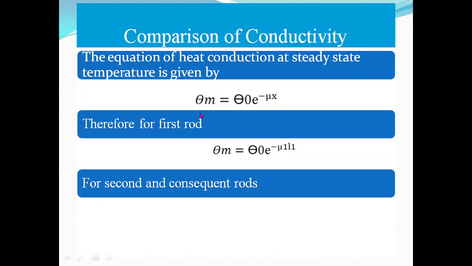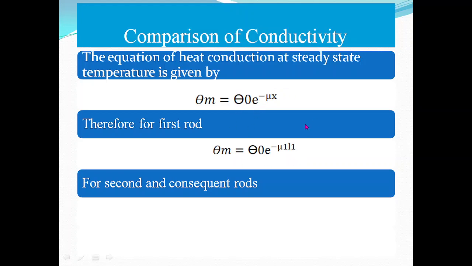Therefore, for the first rod, if you consider x equal to L1, the temperature will be equal to theta m, the melting point of the wax, and theta 0 is the maximum temperature at the source, we can say the inside temperature or liquid temperature poured inside the container.